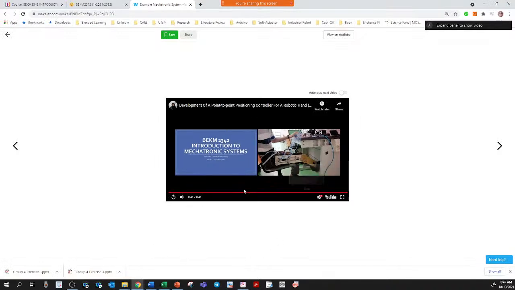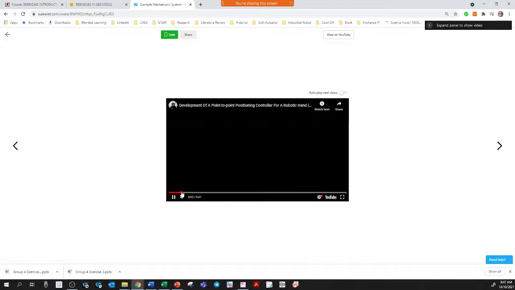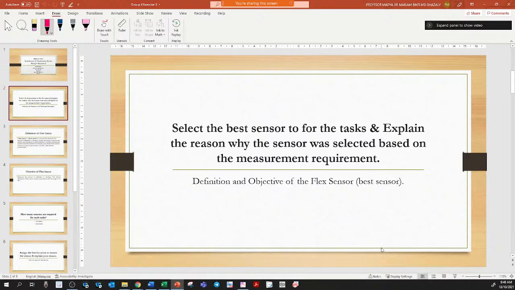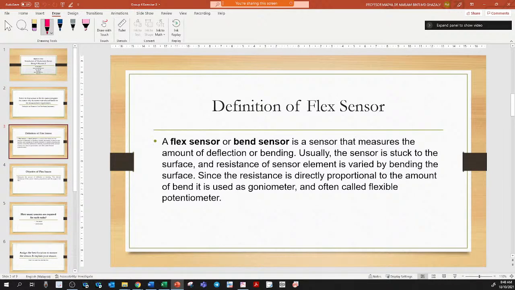So from this simple video, okay, do this type of assignment later, for example in chapter 6 on the types of actuator, types of mechanism.